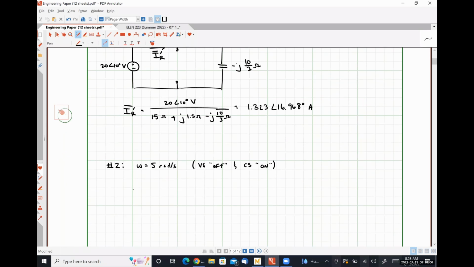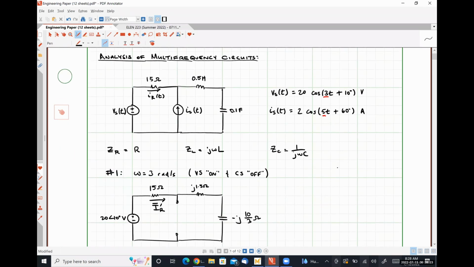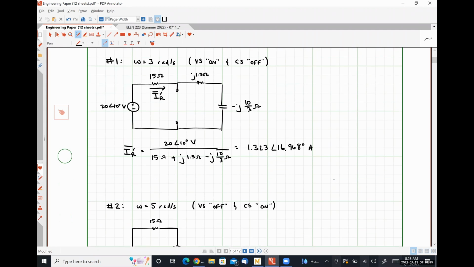So in this case, our voltage source being off looks like a short circuit. Here we have our 15 ohm resistor. We need the phasor value for our current source, which I'm going to have to scroll up. So it's going to look like 2 angle 60 degrees.